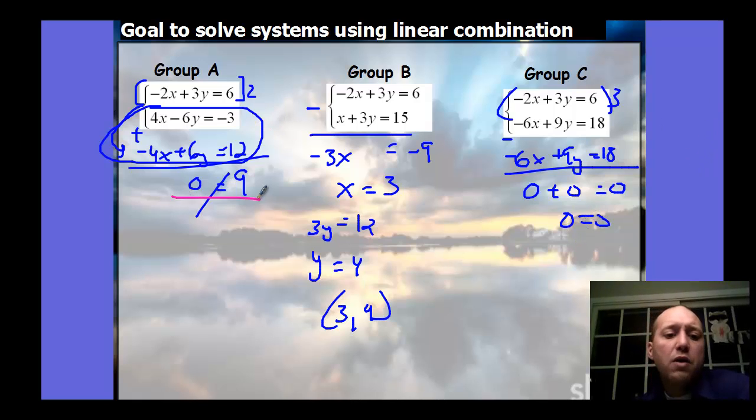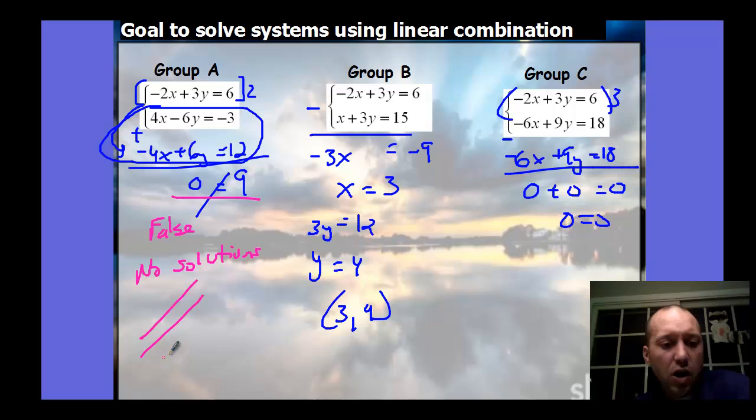If you get a false statement, that tells me that there are no solutions. If we look at our two equations, these are both linear equations, there are no solutions because they are parallel. They never cross. So that's the kind of situation this would be. So this would be parallel lines.